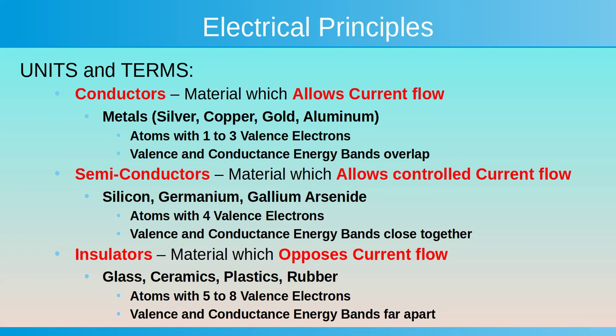And each level is a different amount of energy for that band. The outer band of the atom, the outer shell, is what we call the valence shell. Regardless of how many shells are in the atom, how big it is, the outside is always called the valence.